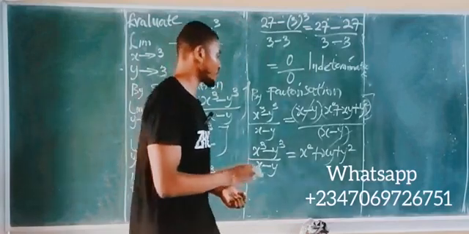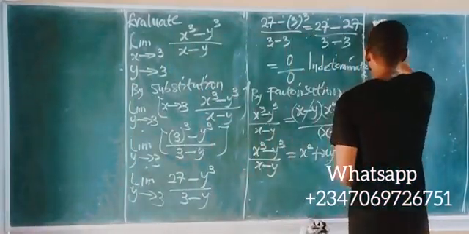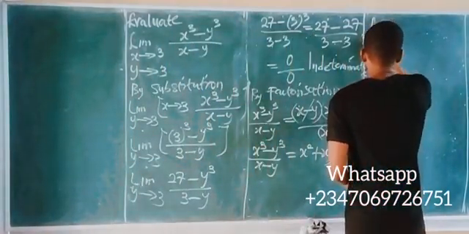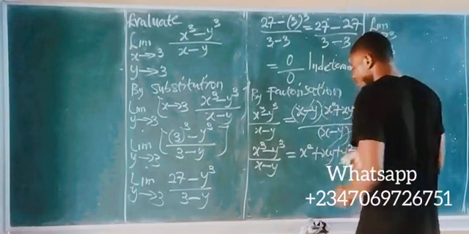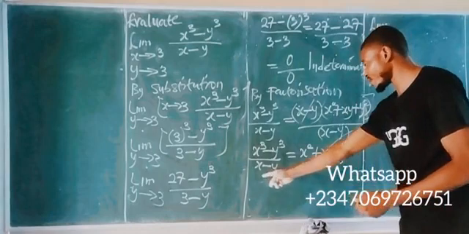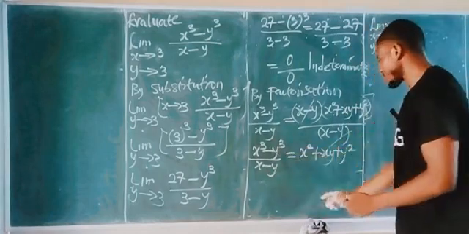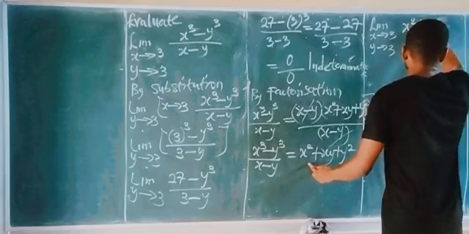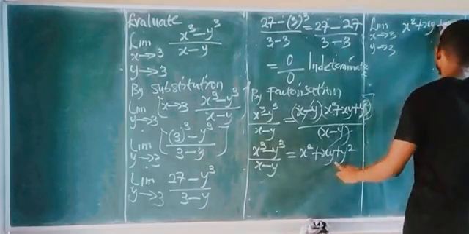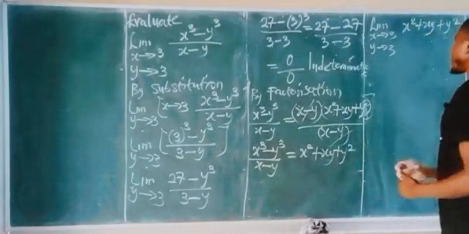Therefore, the limit as x tends to 3 and y tends to 3 can now be replaced with x squared plus xy plus y squared.